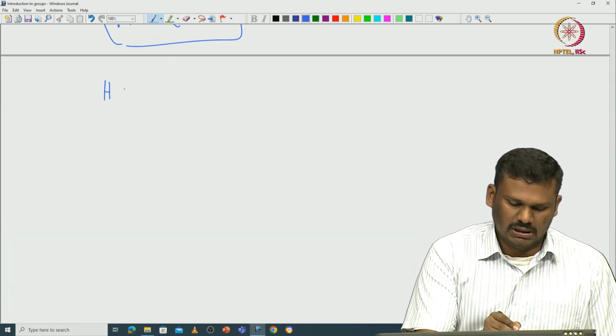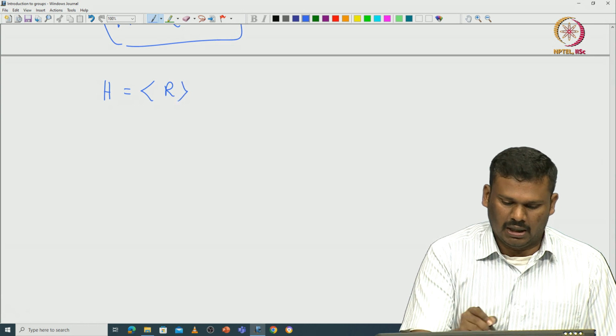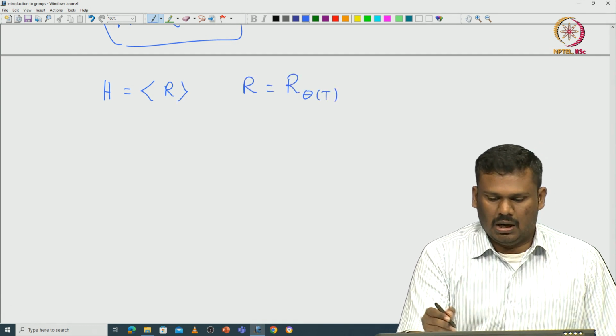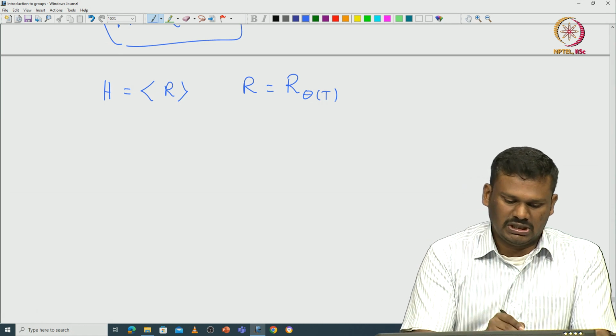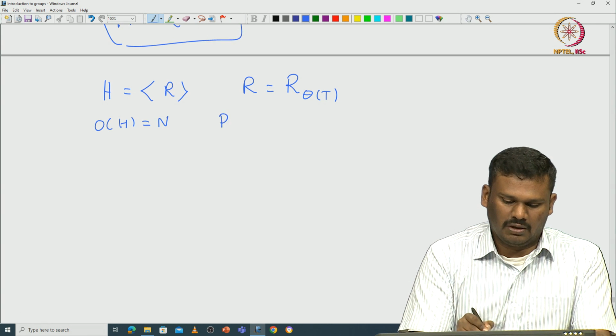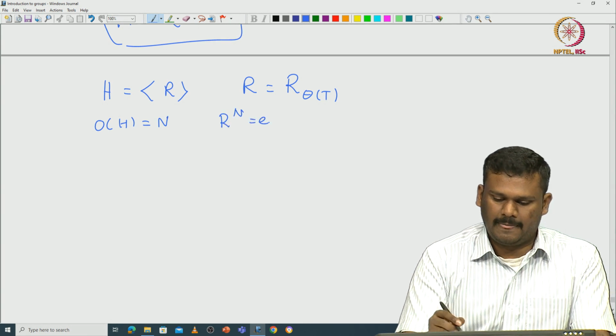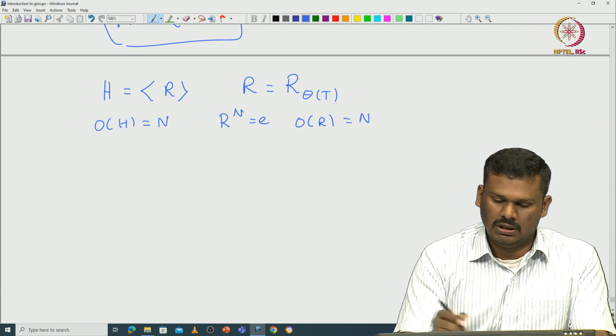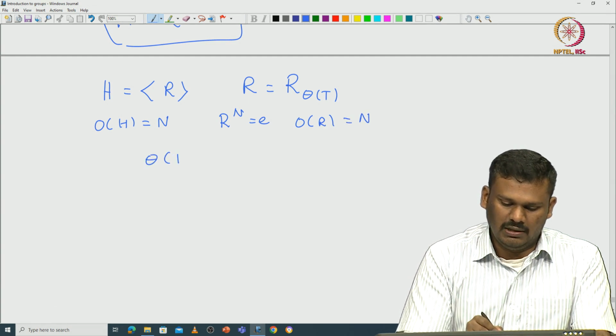Okay. H, now we know that it is generated by r, and r corresponds to the clockwise rotation of theta of r. But since H is a finite group, let us say the order of H is n. Then r power n must be identity. Since r generates, the order of r also should be n. So that means theta of r is forced to be 2 pi by n.